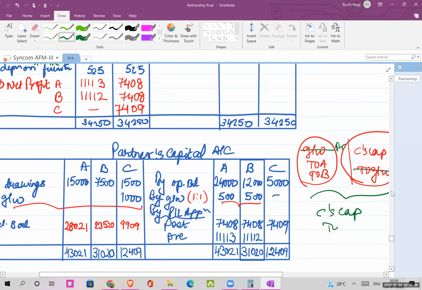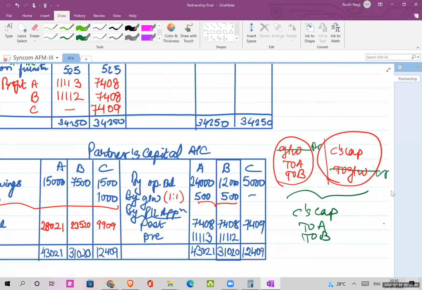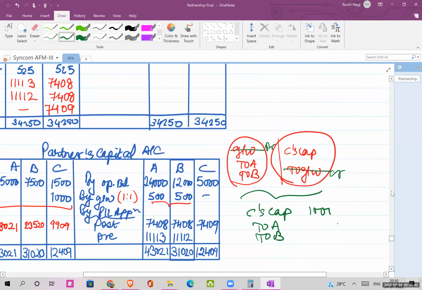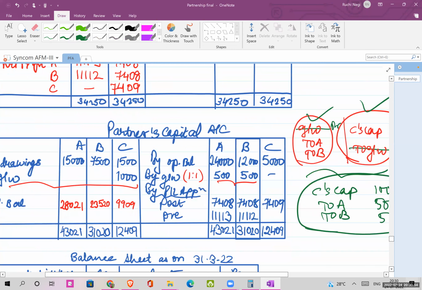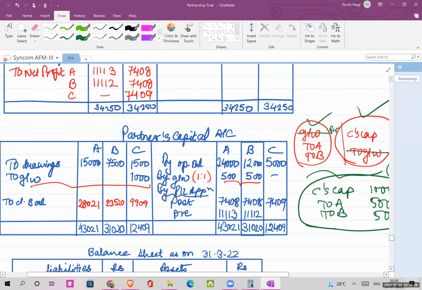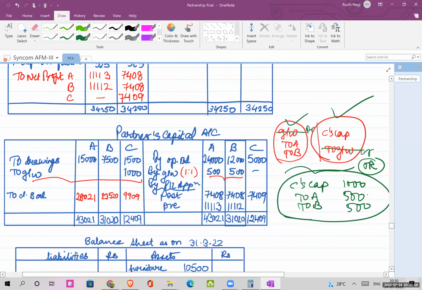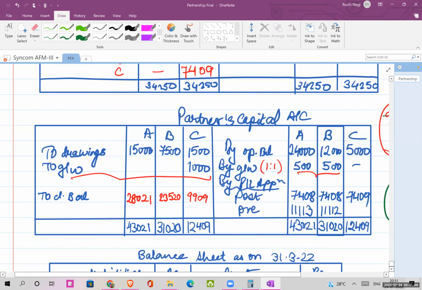C's capital to A's capital to B's capital. Either 1000, either 500, or either 500. Either you go with this or you can go like this. Okay. Yeah. Then close your capital account.